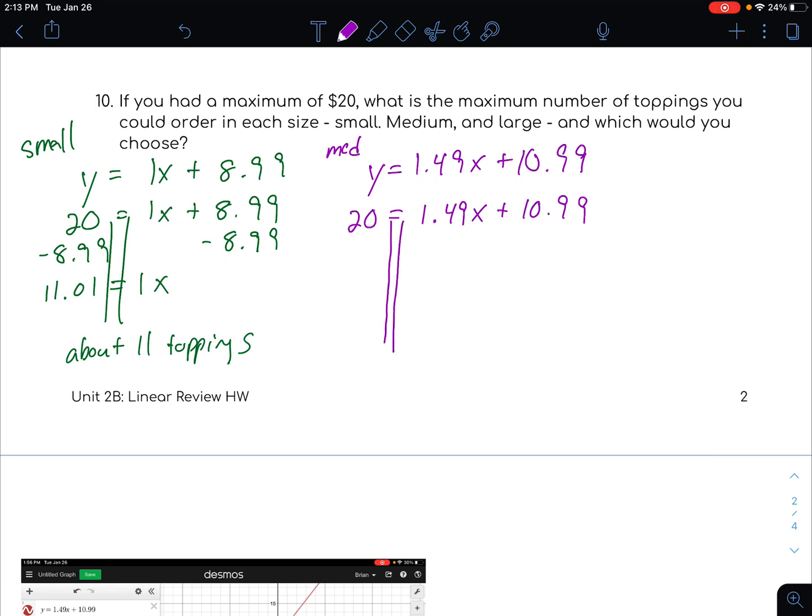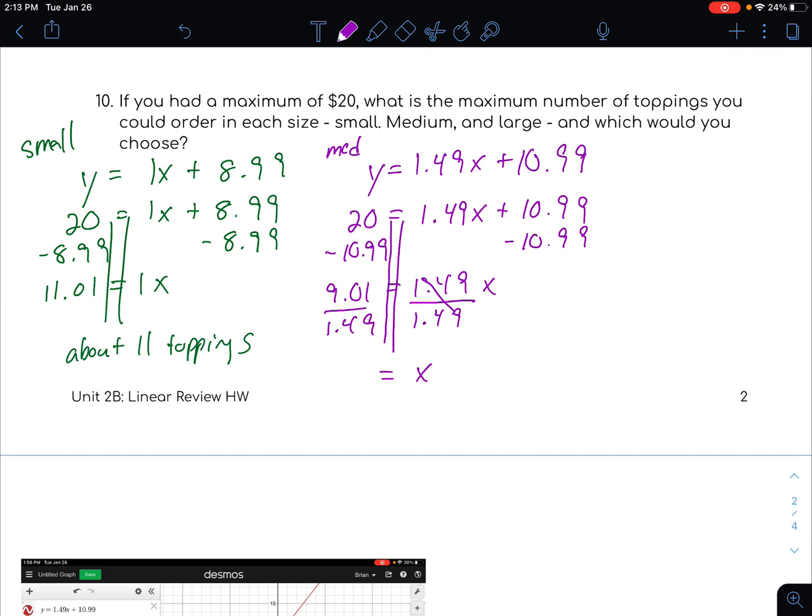So let's work backwards and solve this. So we'll subtract 10.99 from both sides. That leaves us with 9.01 is equal to 1.49x. Okay, and then we do have to undo multiplication here by dividing. So two-step equation solving here, good practice on that.